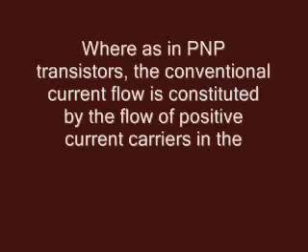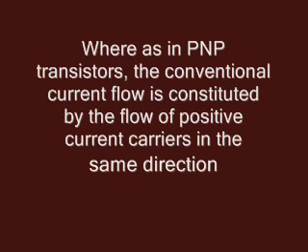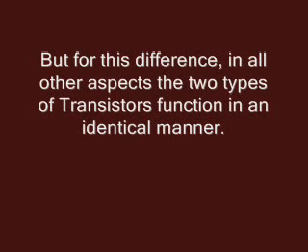Whereas in PNP transistors, the conventional current flow is constituted by the flow of positive current carriers in the same direction. But for this difference, in all other aspects, the two types of transistors function in an identical manner.